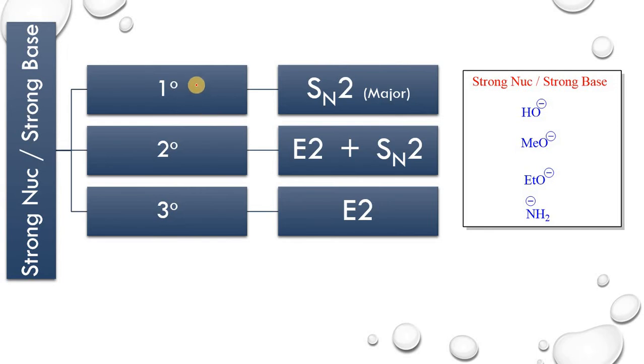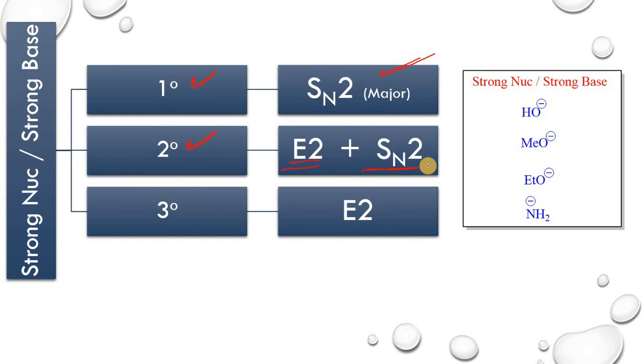In primary alkyl halides, we know that in methyl and primary alkyl halides, if you use strong nucleophile, what type of mechanism you can find? SN2 type of mechanism. The major one is SN2.